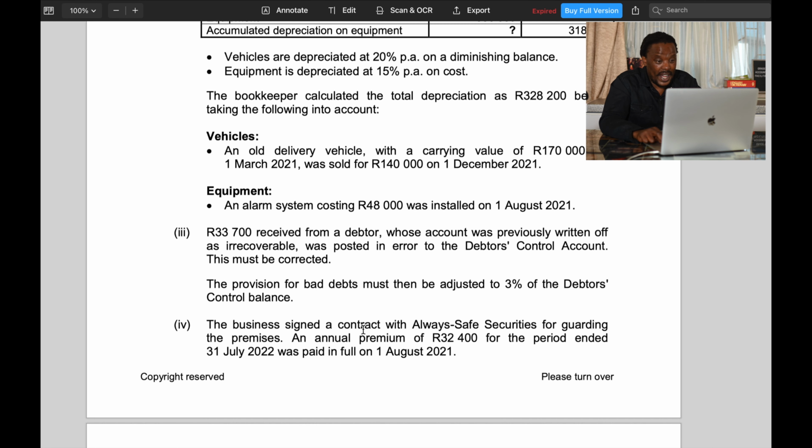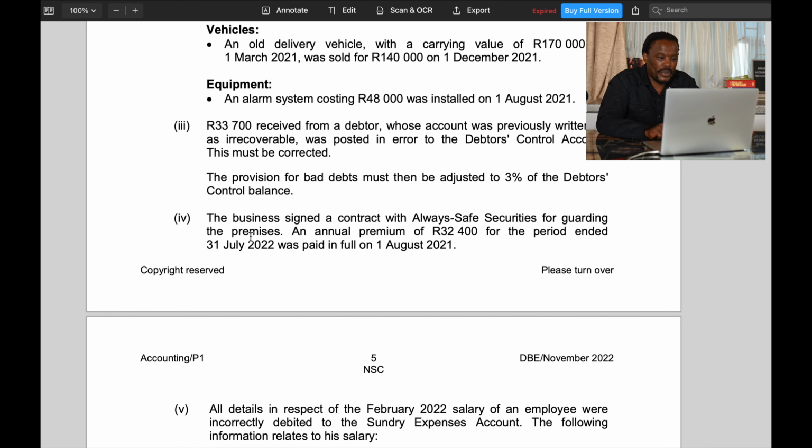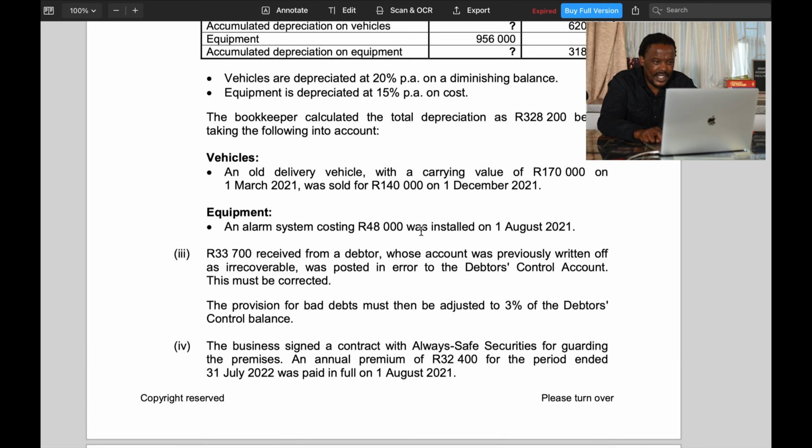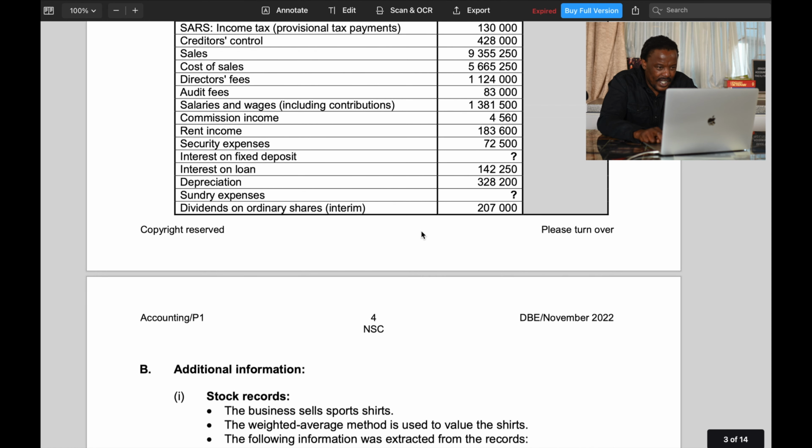Now, you go back to your question paper. You're like, okay, I'm answering these questions. Let's go and answer number 4. The business signed a contract with Always Safe Securities for guarding the premises. The annual premium of 32,400 for the period ended was paid in full on August. What is that expense? Security expenses.